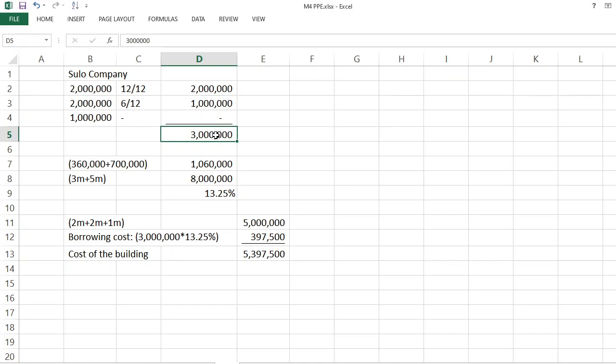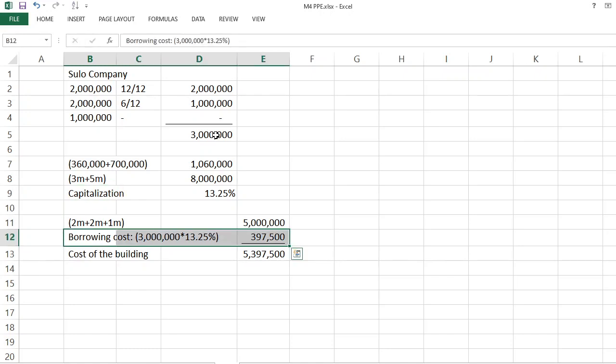And then, we computed for the capitalization rate. Pasabot, unsa nga rate atong gamiton in the computation of the borrowing cost which will eventually be capitalized or pasabot, i-add nato sa cost of the asset. Okay? So, there. So far, so good. Let's move on to the next problem.